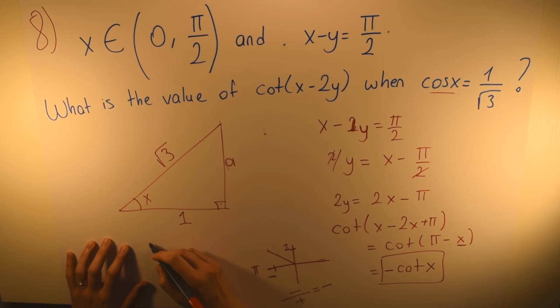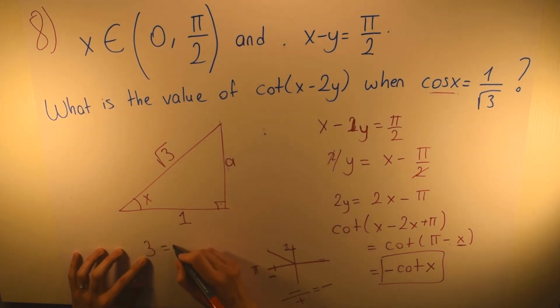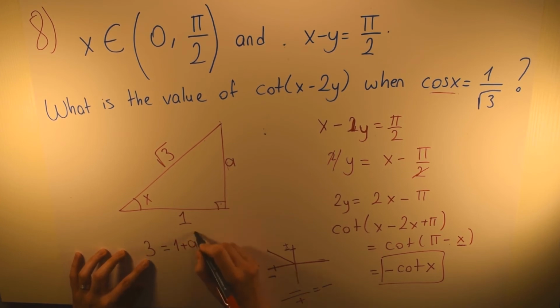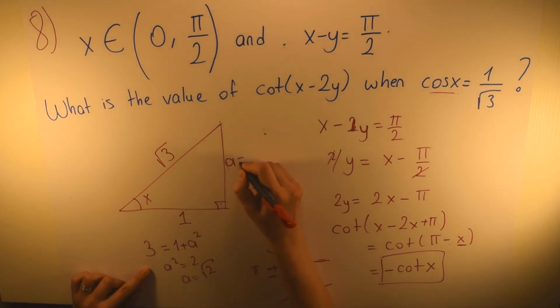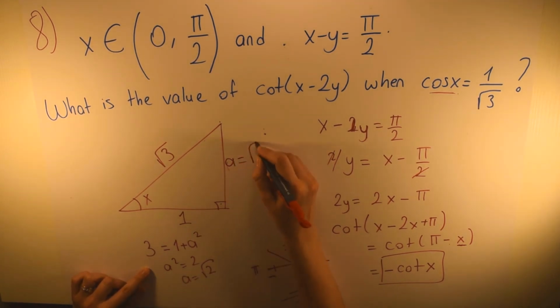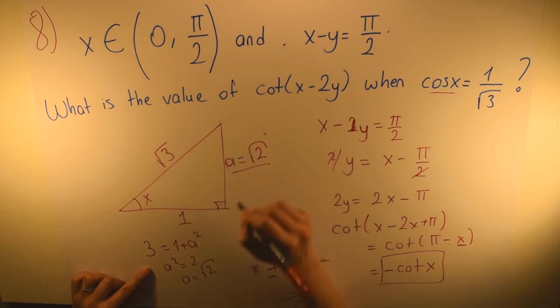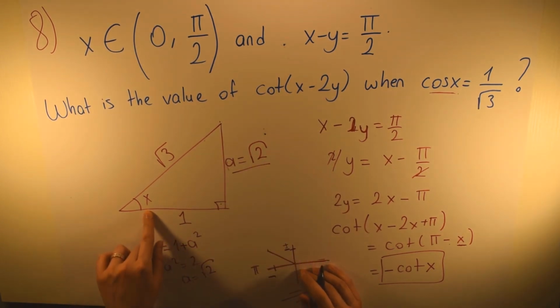Square root of 3, its square is equal to 3, so 3 is equal to 1 plus a squared. So here a squared is 2. A is equal to square root of 2. So this side, its length is equal to square root of 2. Now I can find the value of cotangent x.